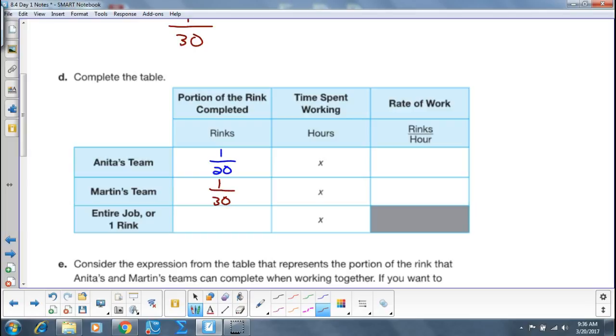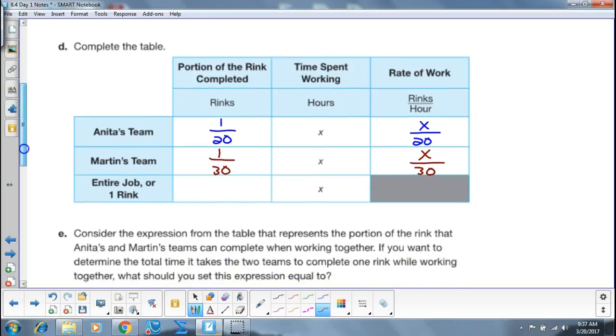So in X hours, this is how we got that X over 20, and here's how we got that X over 30 portion of the day.